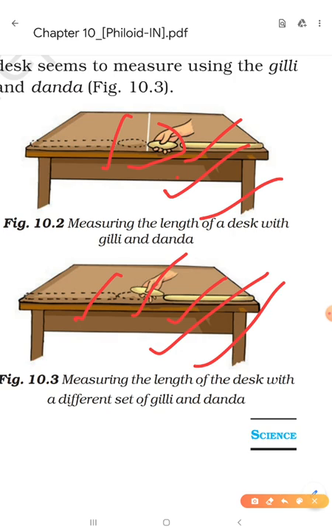Nowadays we have different things, we have a geometry box, we have a scale to solve this problem. But at the starting, we used to find out the length of the desk this way.